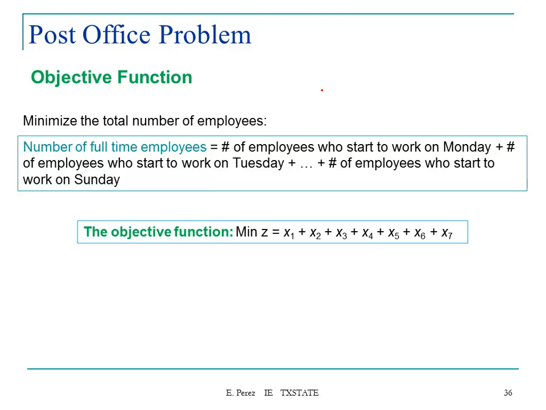So your number of employees per day, the summation of those is what you want to minimize. Again, if you have fewer workers, you'll have to spend less money. So that's what we're trying to find. That's your objective function. Need more time to write that.